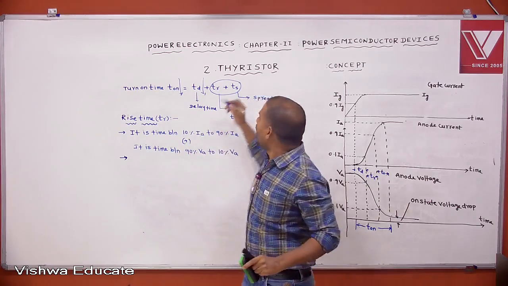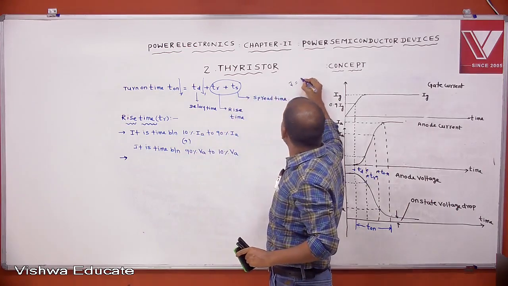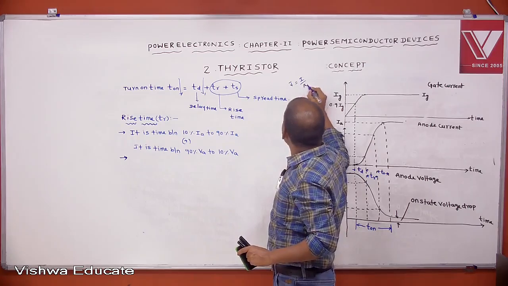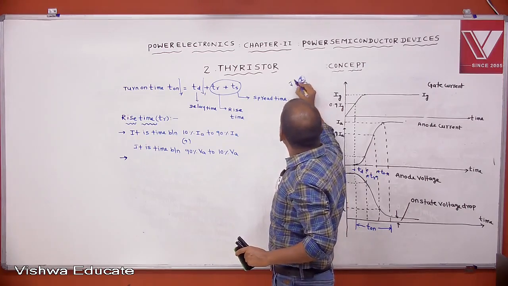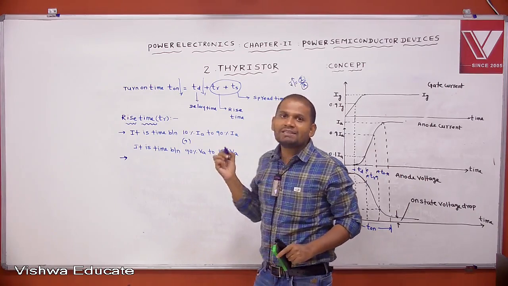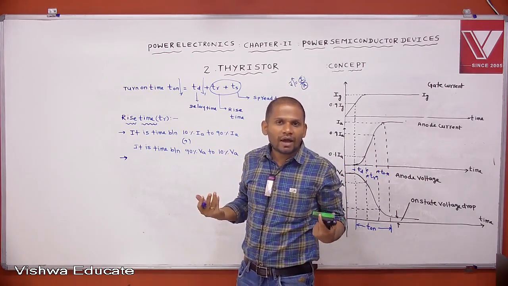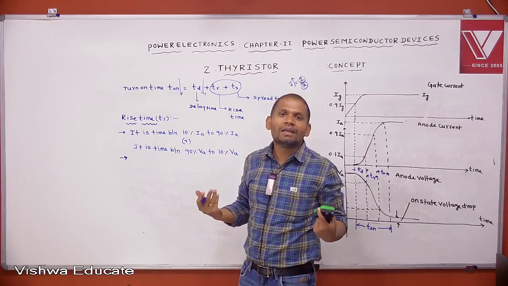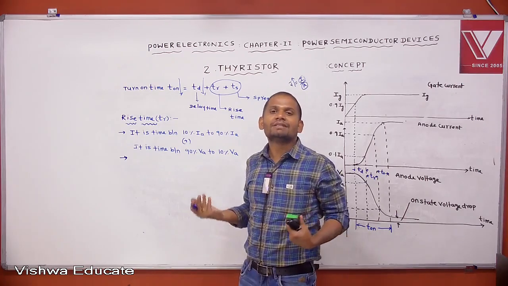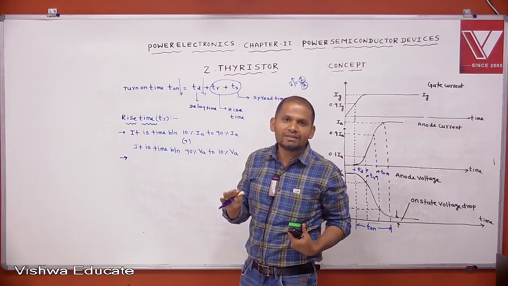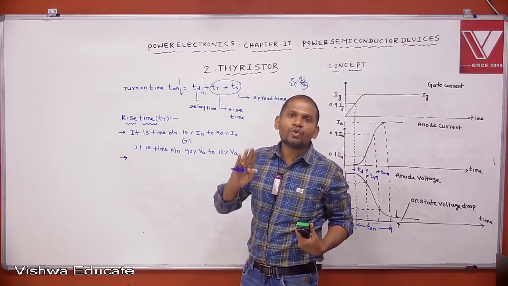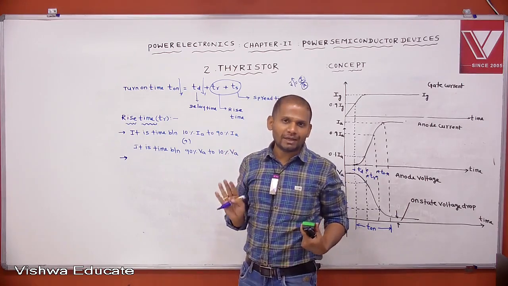How to define current density? J equals I by A. Small area, high current density. Because of high current density, large hotspots or local heating appear, and due to that the SCR may be damaged. Hence, during rise time, you must limit the di by dt.